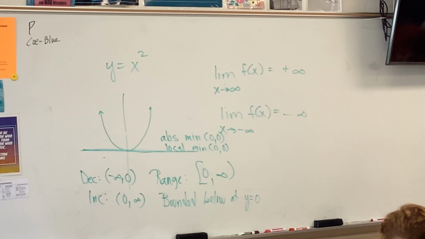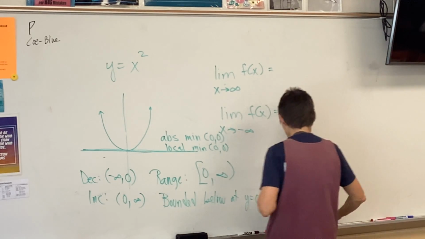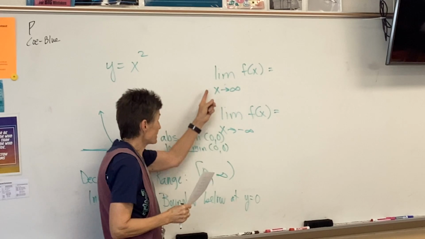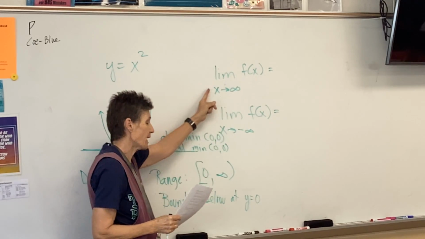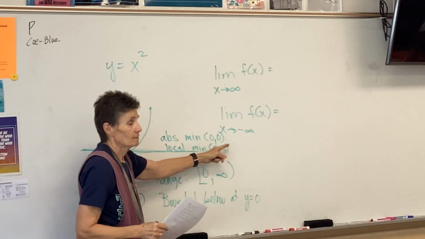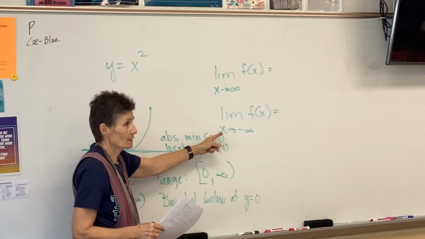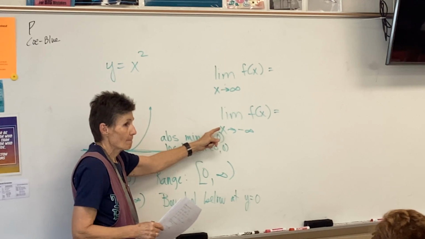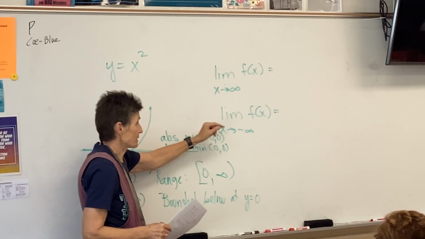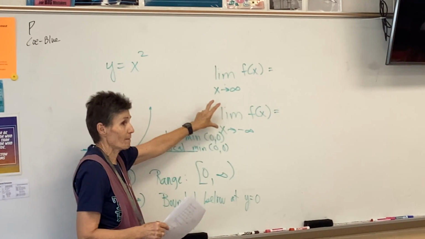Any asymptotes? No. End behavior. So remember, this is our notation. Every time you do end behavior, this is how you're going to write it. Miss Ludington and Miss White are sticklers about that.